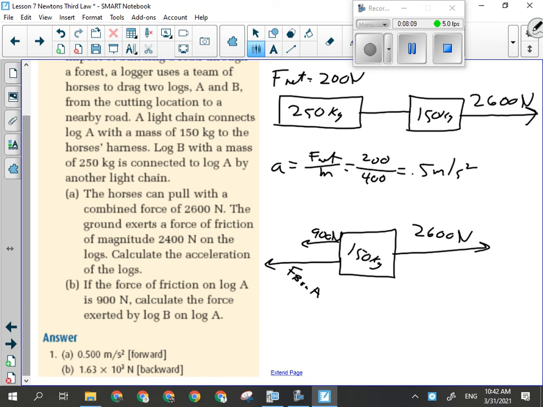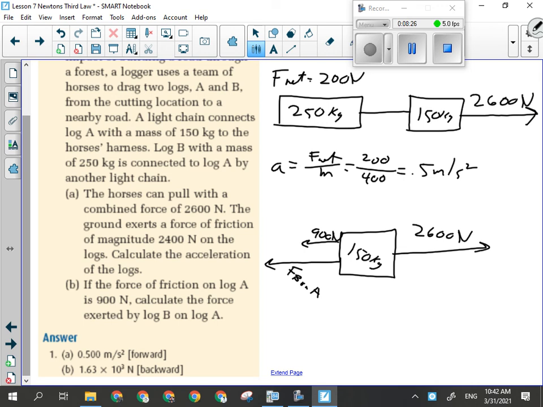That's the force of B on A. Everybody all right with that? For this right now, I don't even really need Newton's third law to solve this at this point. I just drew a free body diagram of one of the logs, and now I can solve for the force I don't have.